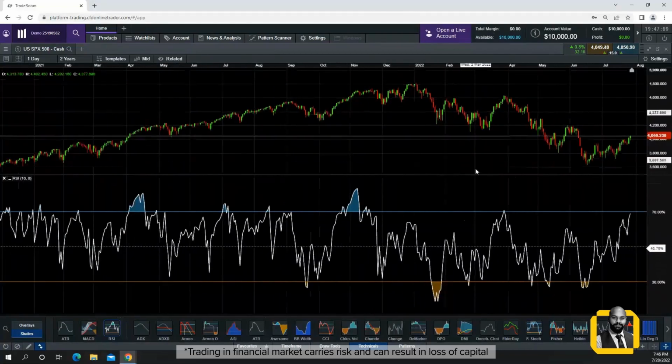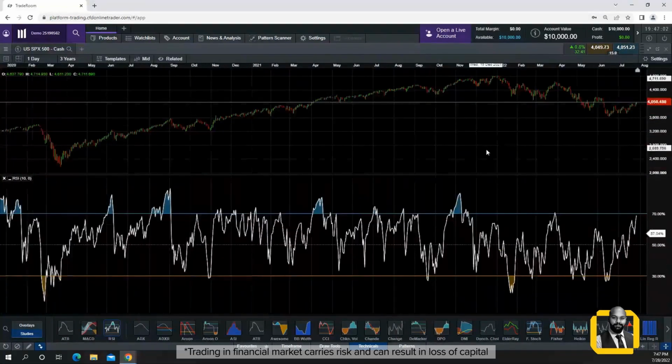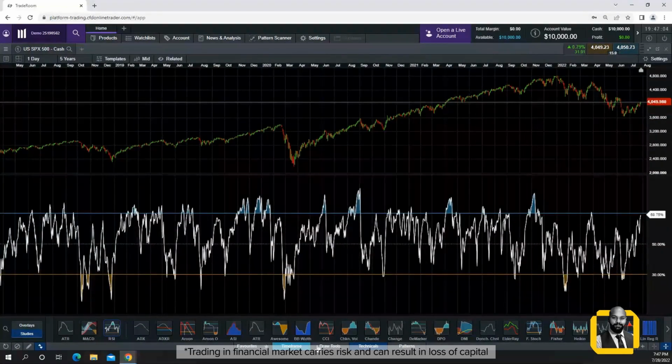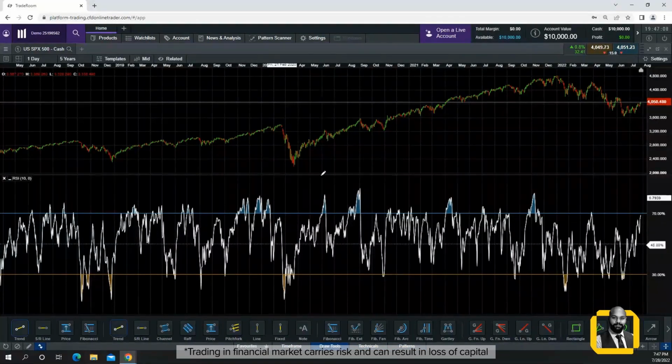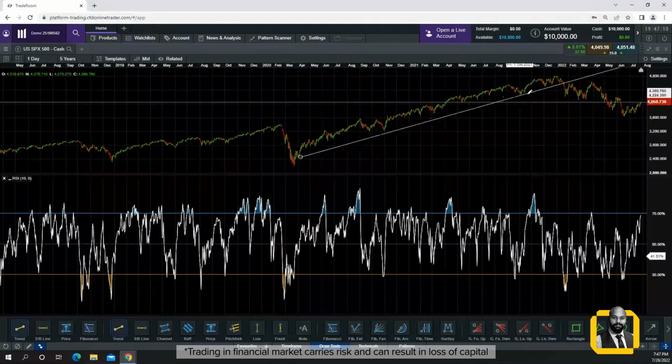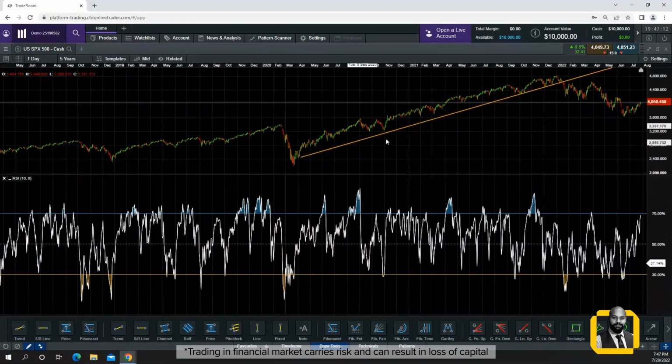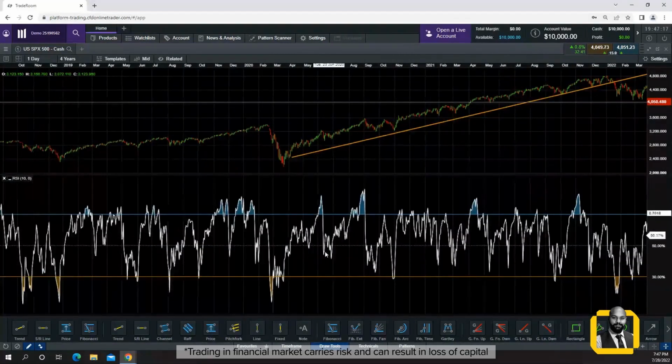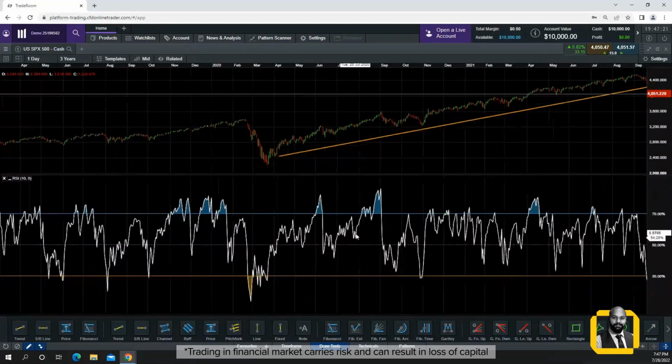But if you look at the markets from this particular period till here, the market has just been going up, in fact making new highs, but you will still see the oscillator moving up and down because it oscillates between 2 points only.